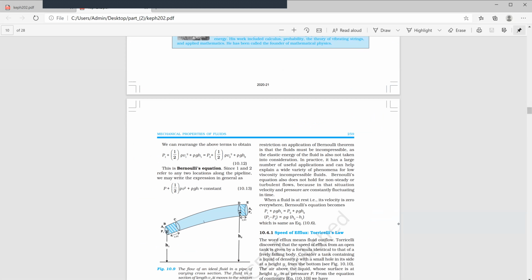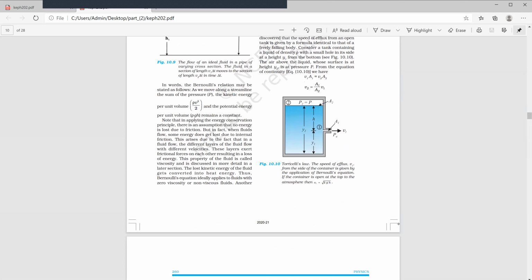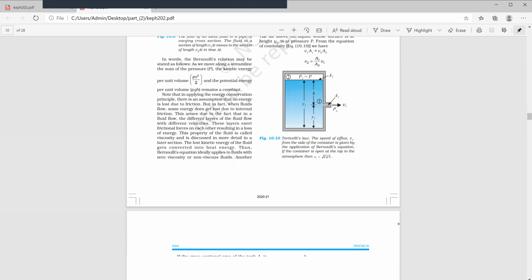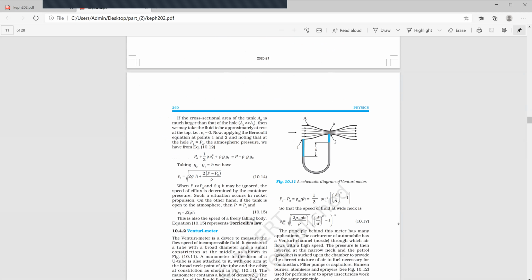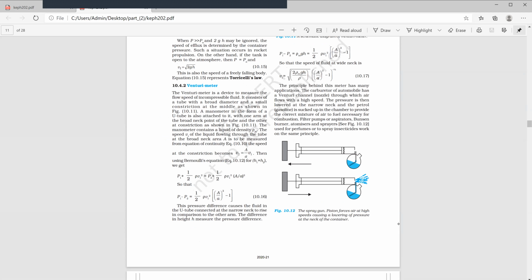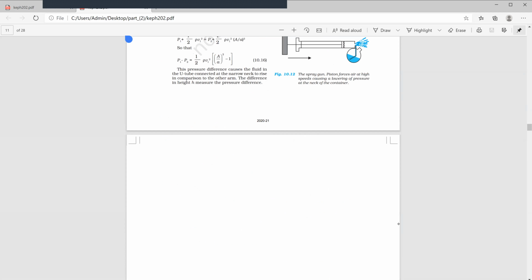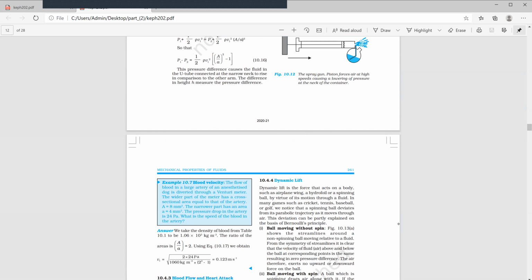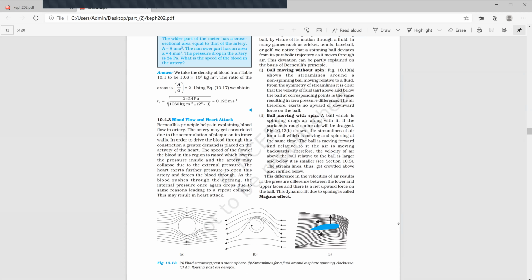Dynamic lift is the force which acts on a body such as an airplane wing, hydraulic foil and spinning ball by virtue of its motion through a fluid. And next we saw the meaning of Magnus effect.